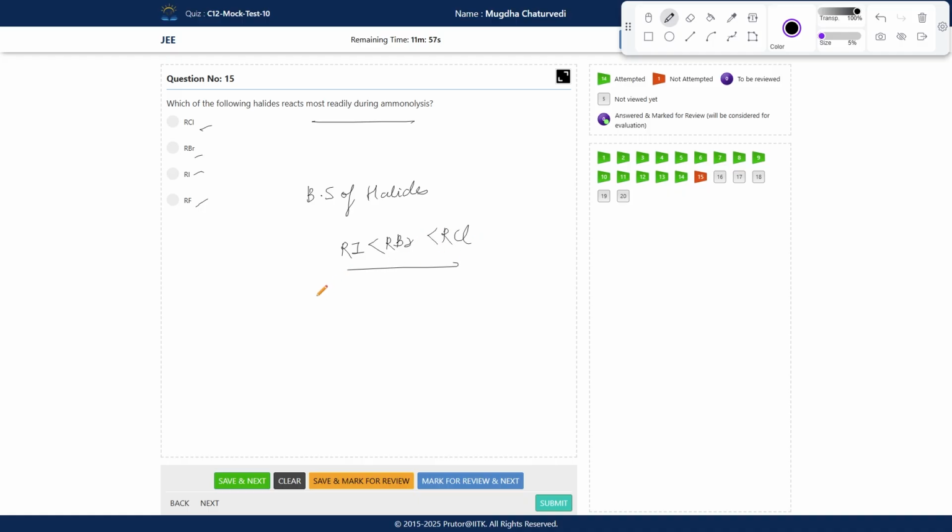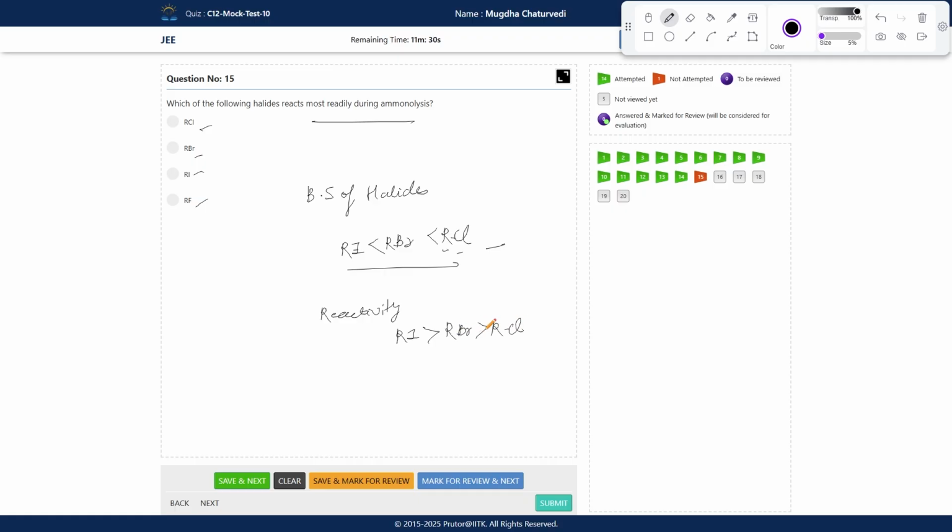The bond strength between R and Cl is most and least is between RI. So if we talk about the order of reactivity of halides in ammonolysis, then order of reactivity will be just opposite of this. RI will be most reactive, followed by RBr and followed by RCl.